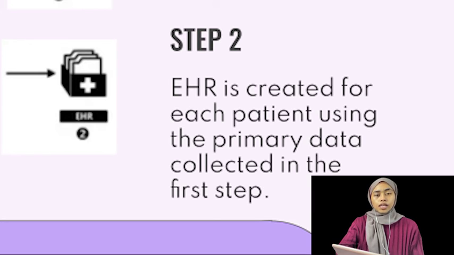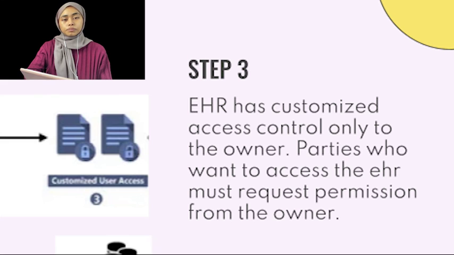Second step, an electronic health record is created for each patient using the primary data collected in the first step. Other medical information, such as those generated from nursing care, medical imaging, and drug history, are also included in the EHR.